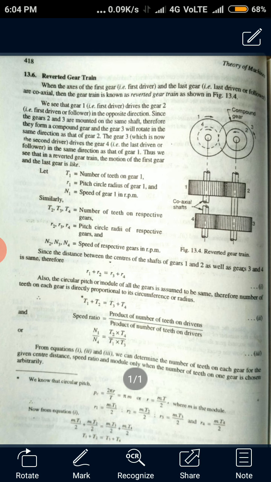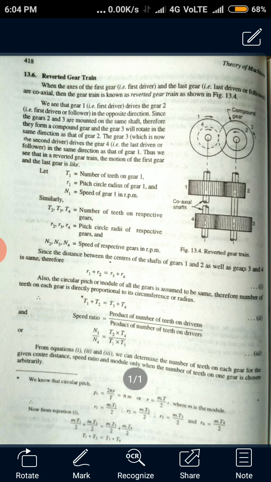Then we have shaft C, with gear 4, that is the follower. Gear 1 meshes with gear 2, gear 2 is mounted on the same shaft as gear 3, and gear 3 meshes with gear 4.